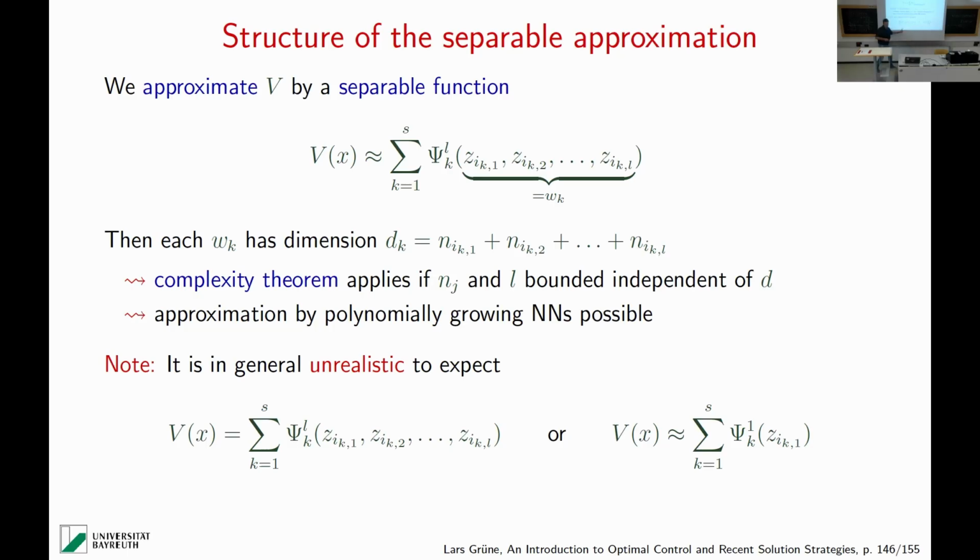Both will in general not be satisfied, so you need to do some approximation. You will not get this exact representation because everything is connected to everything, but only very weakly. Exact identity cannot be expected. And you also have to take into account at least some near neighbors. You can't write down functions that only depend on the state of the individual systems; you need a little bit of neighbor information to get an approximation.